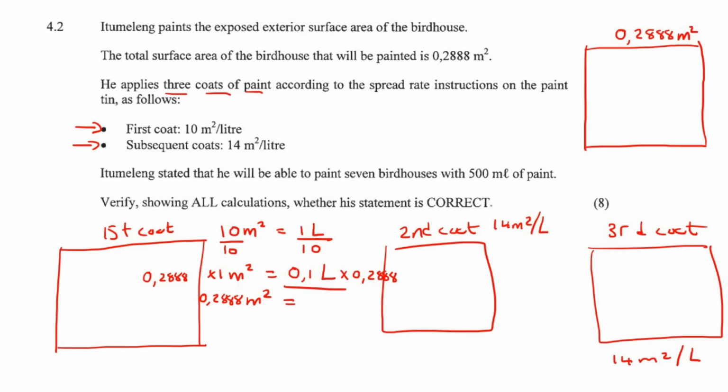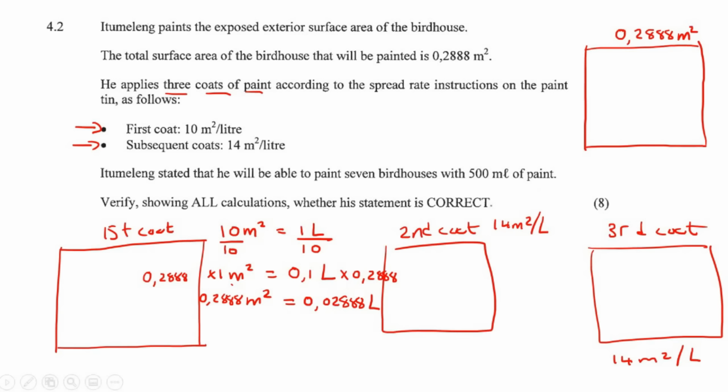And then on this side, if you type that in on the calculator, now don't round this number off. It's going to be 0.02888 liters. So what that tells us is that to be able to paint that first coat, this is how many liters of paint we are going to have to use.